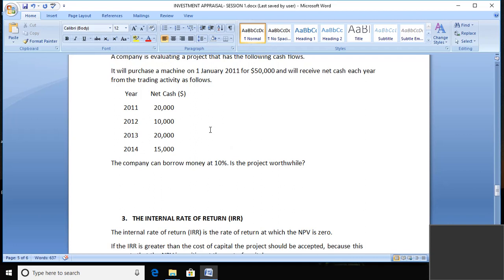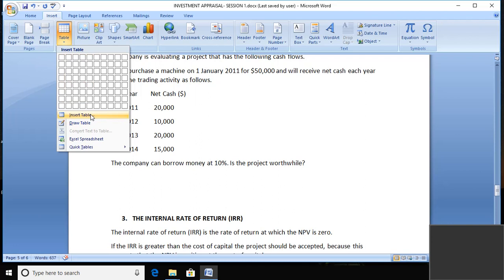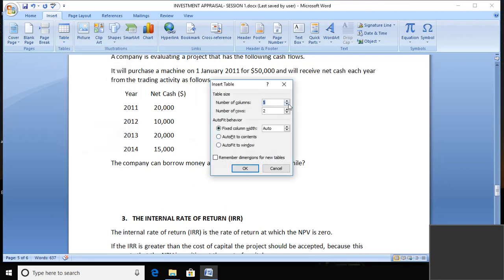So what do you need to do? For simplicity's sake, you create a simple table that can help you work out the figures. This table is going to have 4 columns, and counting the number of rows, that should be about 5 or 6 rows. So let's insert a table that can help us work this out. 4 columns, 6 rows.